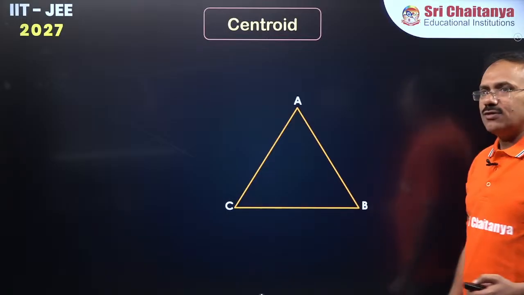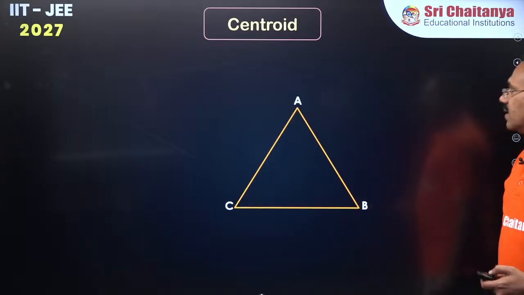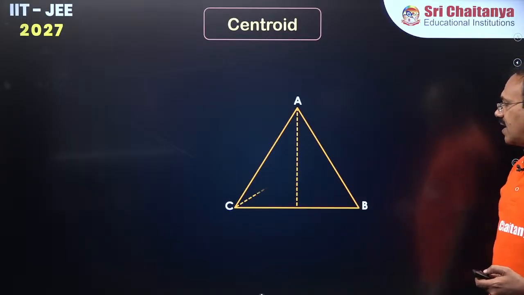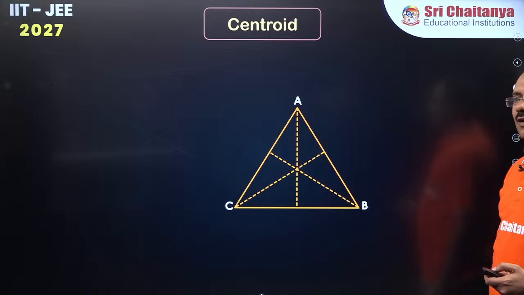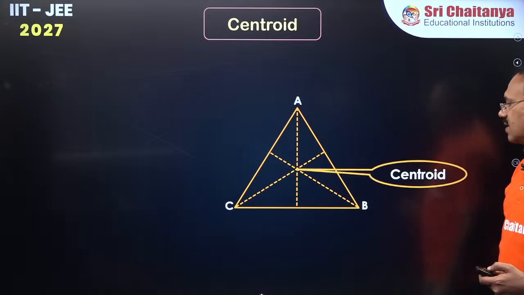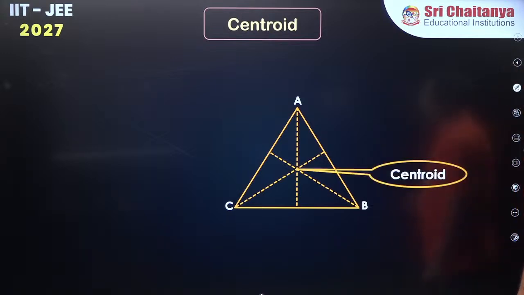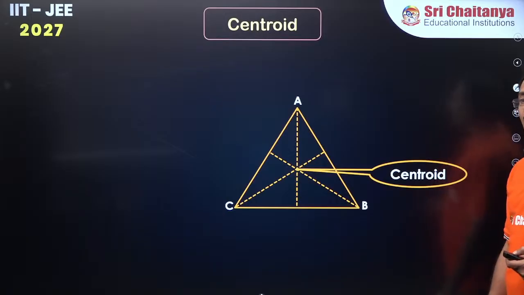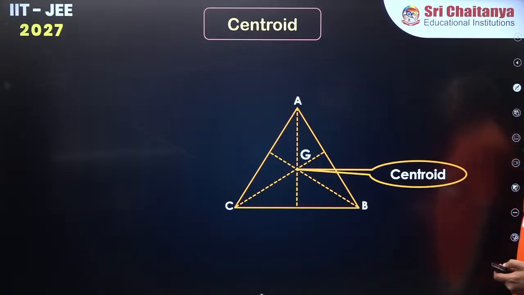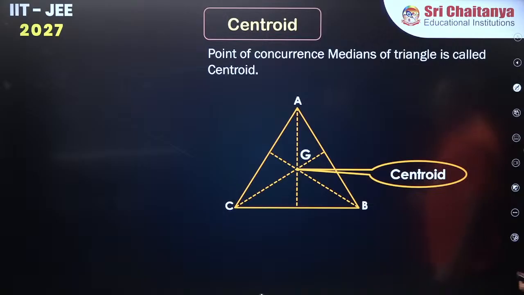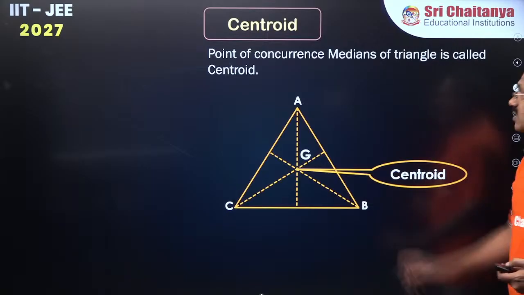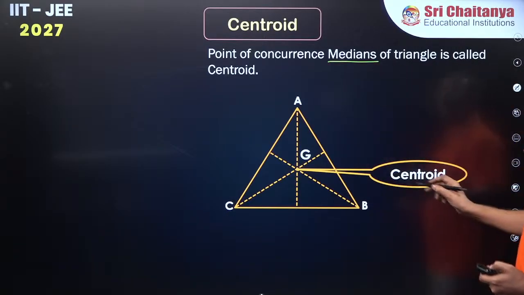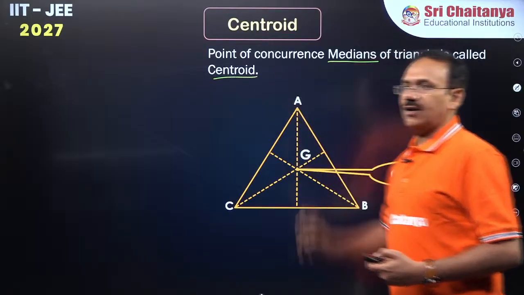Now dear students, after circumcenter, you see this, all of you, this is a triangle, median, median, median. All three medians are concurrent. The point of concurrence is called centroid, G. Please note it, the point of concurrence of medians is called centroid.